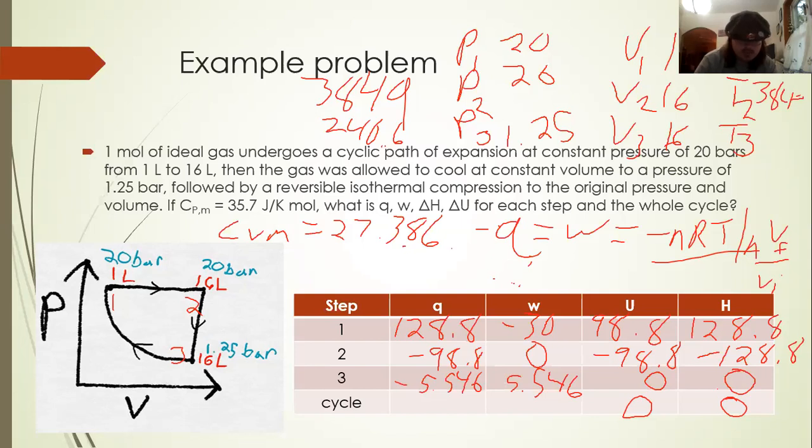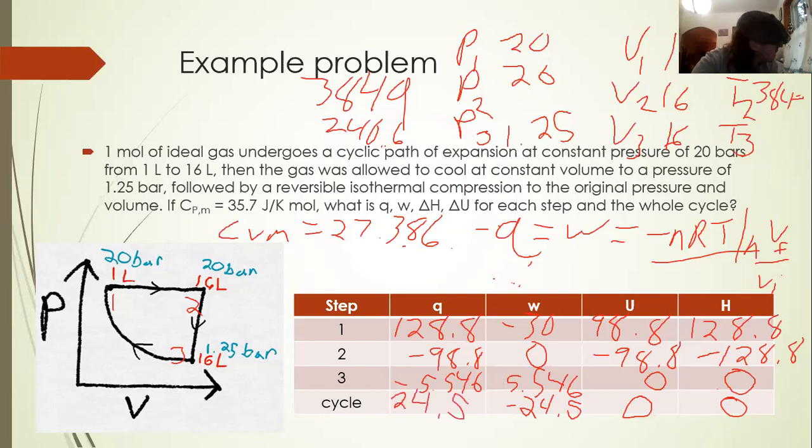We get 5.546 minus 30, negative 24.5 work on the cyclic process, 128.8 minus 98.8 minus 5.546. You get positive 24.5.